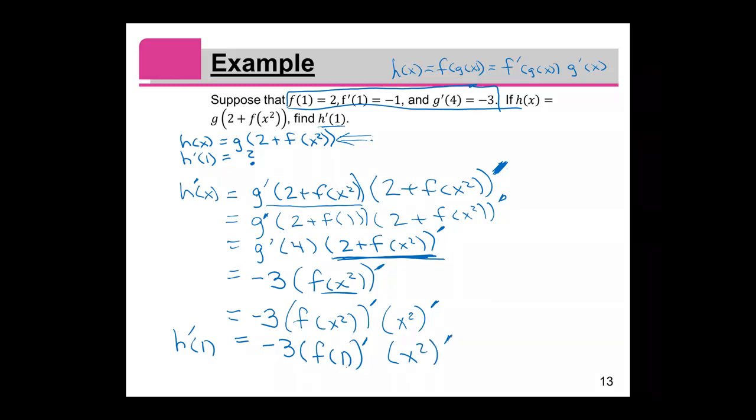What's f prime of 1? -1. So it's 3 times -1. So it's positive 3. So this becomes positive 3. What's the derivative of x squared? 2x. 2x, yes. So this equals 6x, but we know now x equals 1, so the answer is 6.